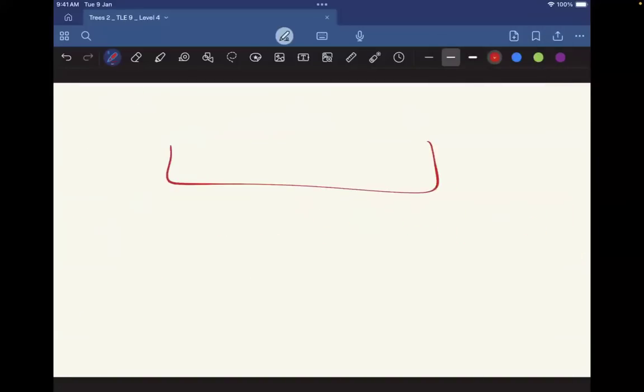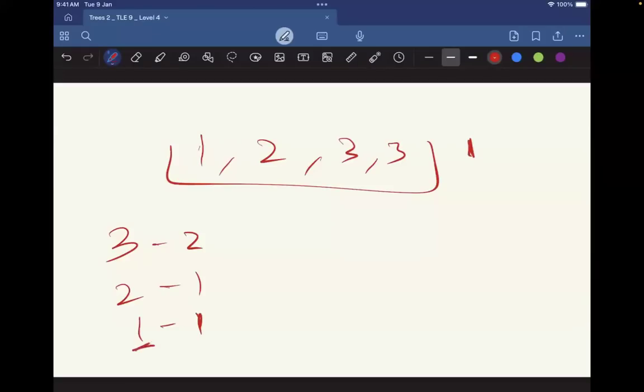Let's say the range you have right now is 1, 2, 3, 3. So the frequency of 3 is 2, frequency of 2 is 1, and frequency of 1 is 1. Now, let's say you wanted to add another 1. Do you agree that this 1 frequency is increasing by 1? All right.